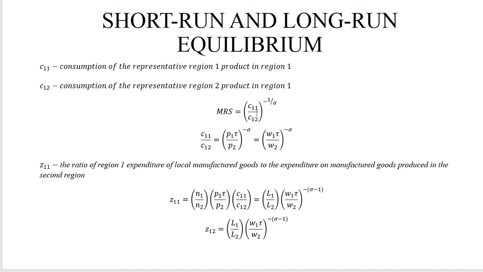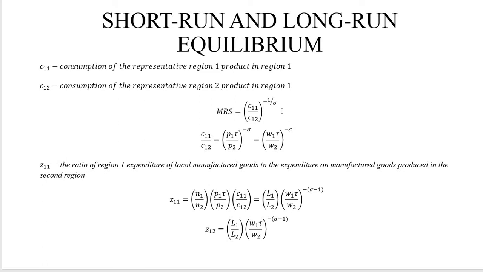In optimum, the ratio of effective prices should be equal to MRS. So in our case, the price of the locally produced good is equal to P1. At the same time, the effective price of the good produced in region 2 will be equal to P2 over tau. So here you can already see the final result, after everything was rearranged.